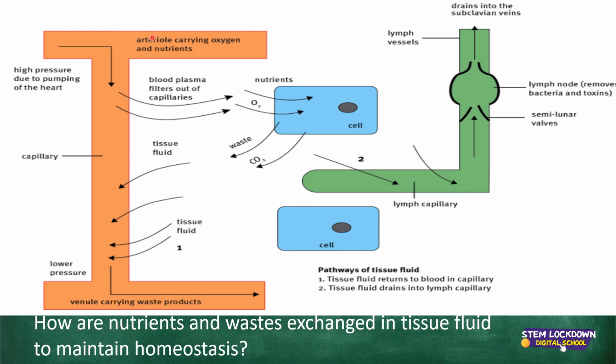Let's say, for example, we are dealing with the lungs, the respiratory system. The arteriole will be carrying the oxygen and nutrients, moving into the particular structures involved in the respiratory system. So maybe from the trachea to the bronchioles, then into the alveoli.